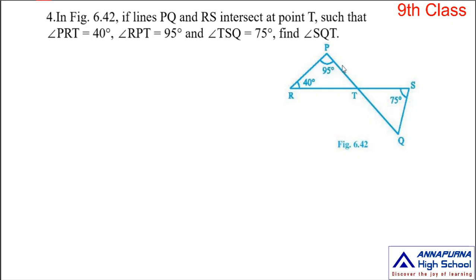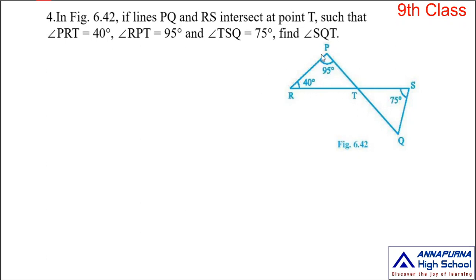The lines PQ and RS are two intersecting lines at a point T, and angle PRT is equal to 40 degrees.